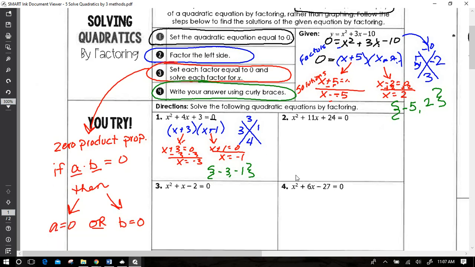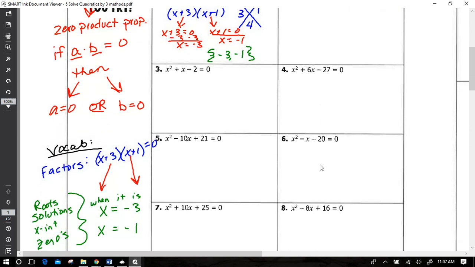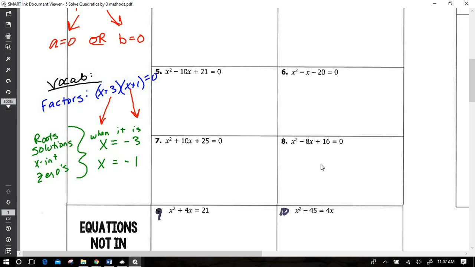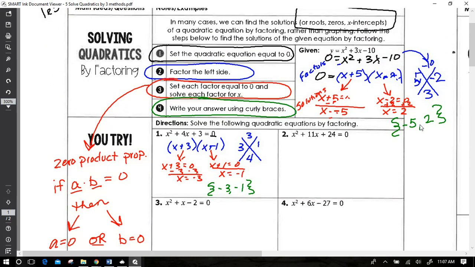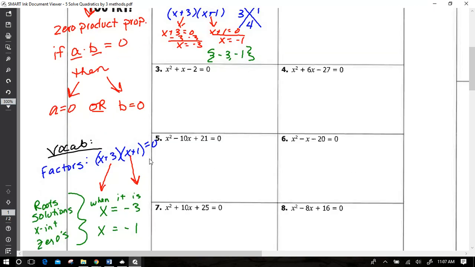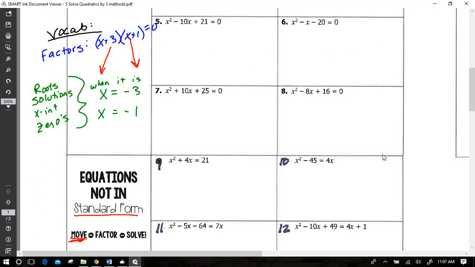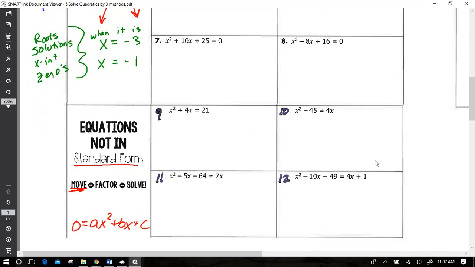All right, so that is the whole process for factoring these quadratics, and then writing their solutions. So factors and then solutions are different. I want us to come down here and do 1 or 2 of these examples because it includes having to do step number 1, which is making it so that it's set equal to 0.